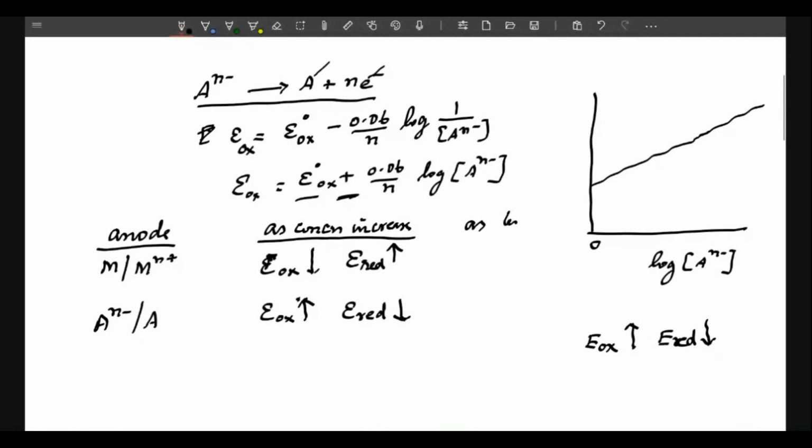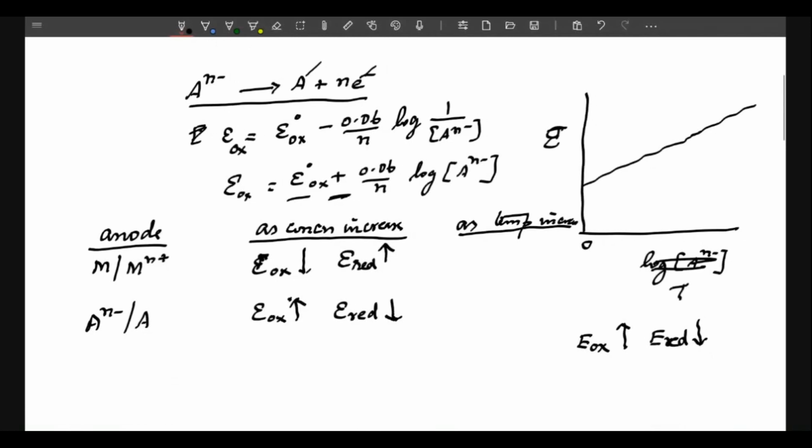What happened to the potential as the temperature increases? In such cases, the equation would be rearranged and we will plot the epsilon versus the temperature. Here also, as temperature increases, in the case of metal electrode as the anode, E of oxidation is going on decreasing as in this case also. And E of reduction goes on increasing.